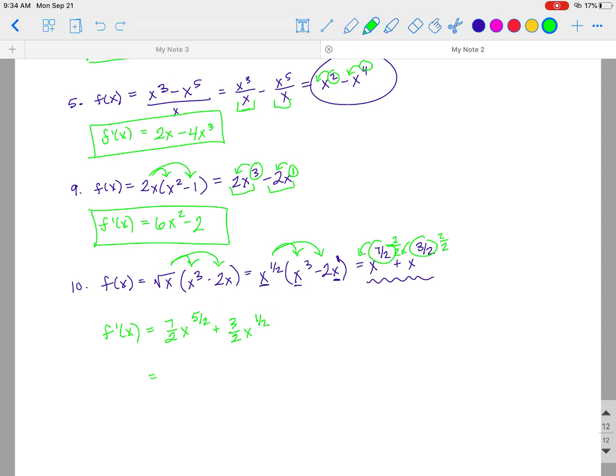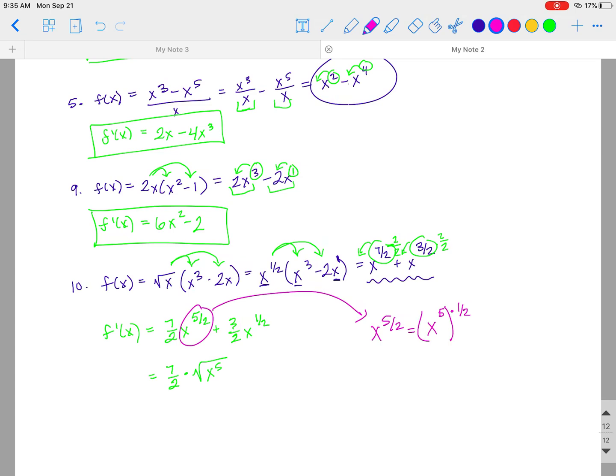An equivalent way to write this derivative is to go ahead and change these half powers back into square roots. And so this is going to be 7/2 times the square root of x to the 5th. As a review, if you have x to the 5/2, that's the same thing as saying x to the 5th times 1/2.